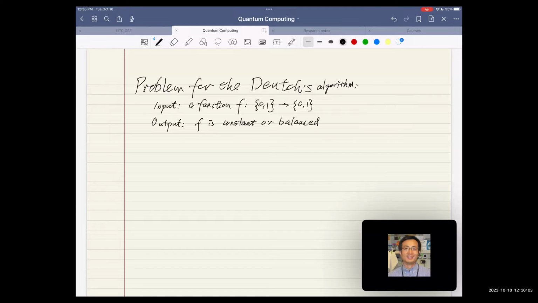The problem will be simplified like this. If we have input 0 and 1, and we have the function f1, it can be 0, 0. If we have input 0 and 1, for function f2, this can be 0 and 1.